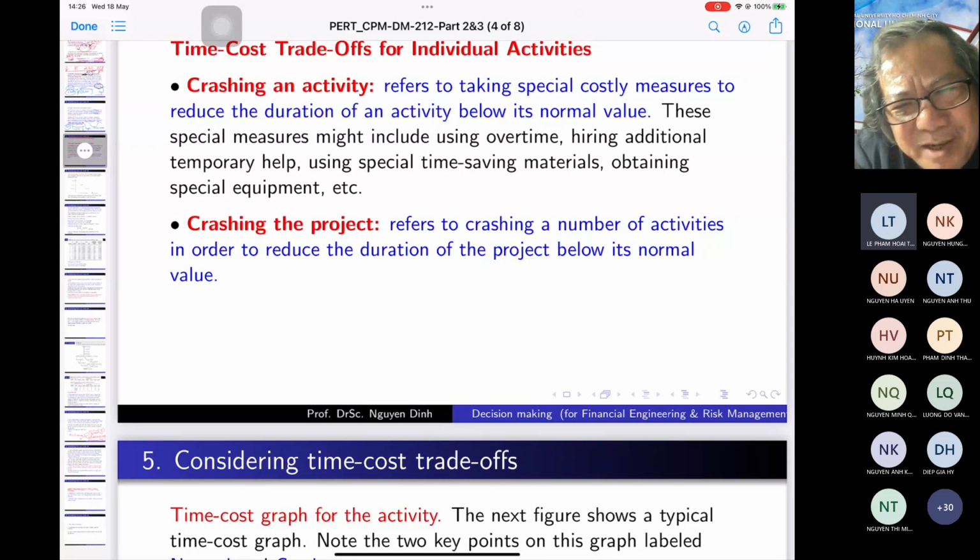And from that, all of you in the group can modify it and transfer that method to solve the problem, find out the longest path.